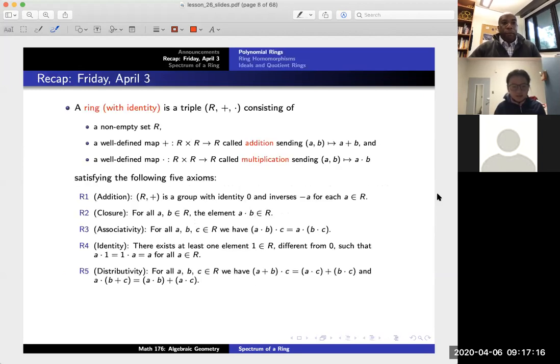All right, so as a recap, remember that we spent most of the time on Friday going over rings. And simply put, a ring is a triple (R, +, ×) where R is a non-empty set. We have plus that we're going to call addition, and then we have times that we'll call multiplication. And essentially, we just have a list of 5 properties that we want to be true.